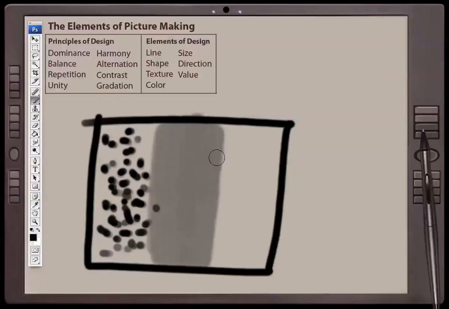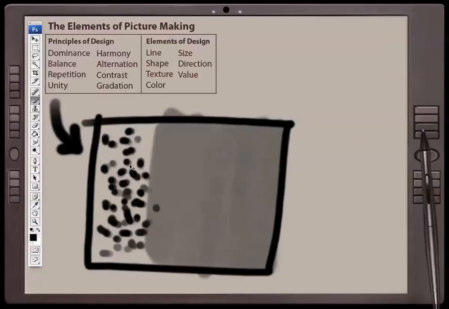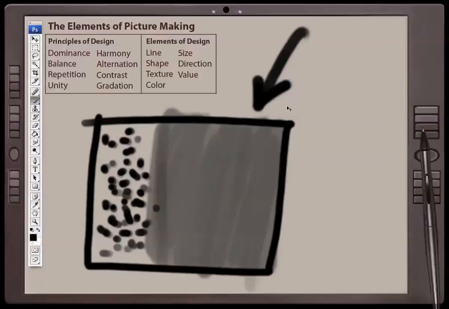So therefore, the more quiet area needs to be larger in size to equal the smaller, more busy area, so that a balance can be achieved between these opposing forces. And it's a matter of judgment. You have to judge just how large this quiet area of texture needs to be in relation to the smaller busy texture.